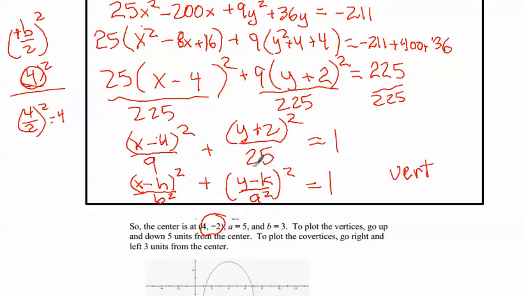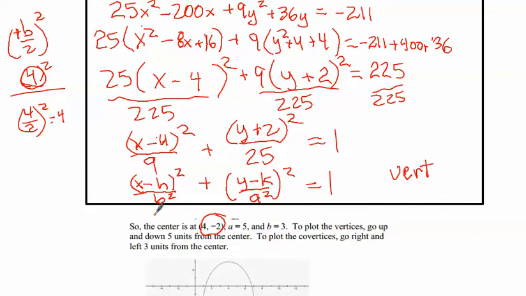And we know that because this denominator is bigger than 9, so that must be our a value. So from that we find that a equals 5, because a squared is 25, and b equals 3, because b squared is 9 over here.